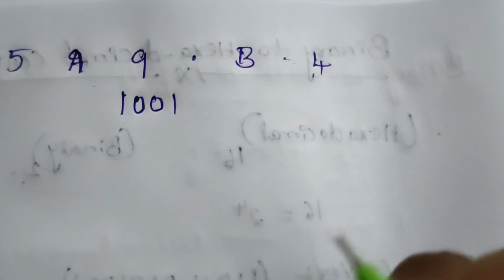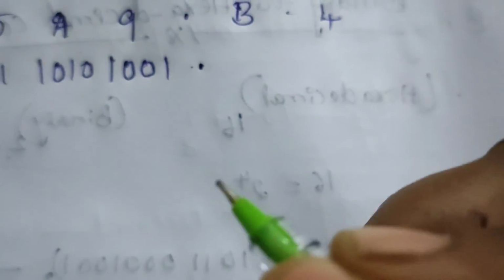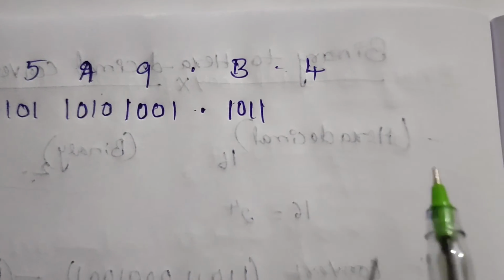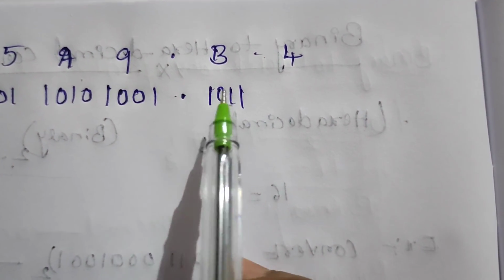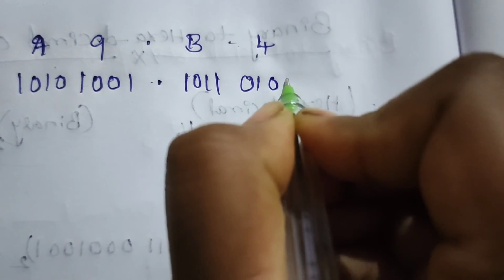So let us start from 9. 9 is represented in binary as 1001, and A is 10, so it is represented as 1010. 5 means 0101. Point. B means 11, so B is represented as 1011, and 4 is 0100.